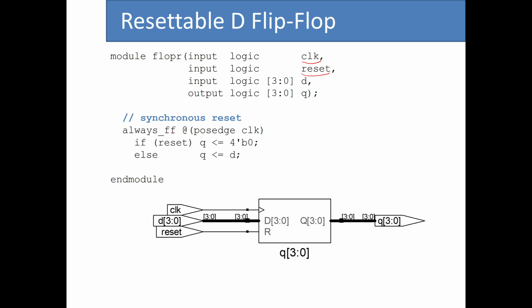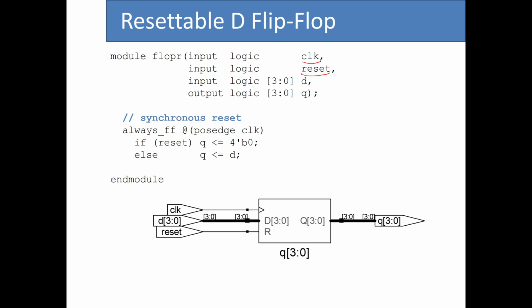Inside always_ff, since this is a synchronous resettable flip-flop, the sensitivity list only contains the positive edge of the clock. Any time the positive edge of the clock happens, we need to check whether the value of the reset signal is 1 or 0.